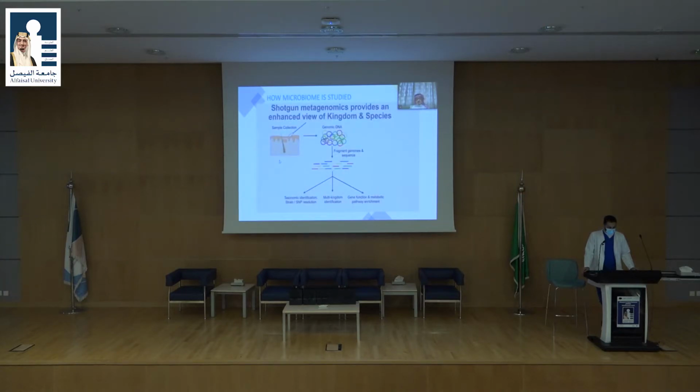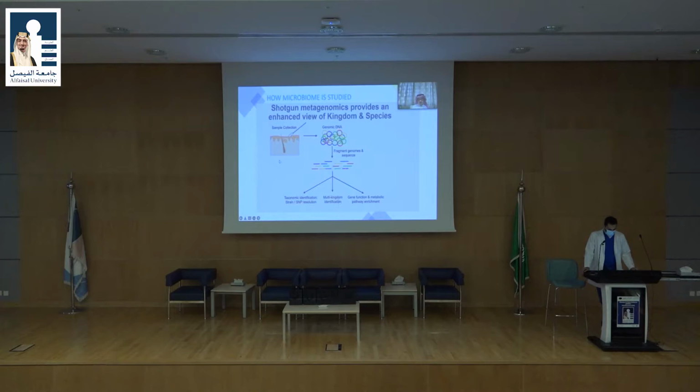But recently, shotgun metagenomics developed further and provided an enhanced view of the kingdoms and species of the microbiome, where the whole DNA is taken, fragmented and sequenced, and by that they were able to identify more and more of these microbes in our body or in every organ.